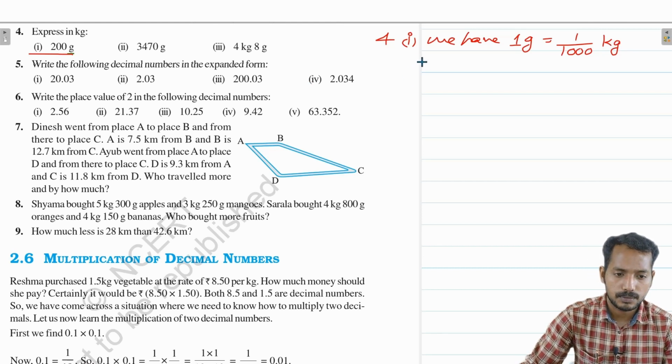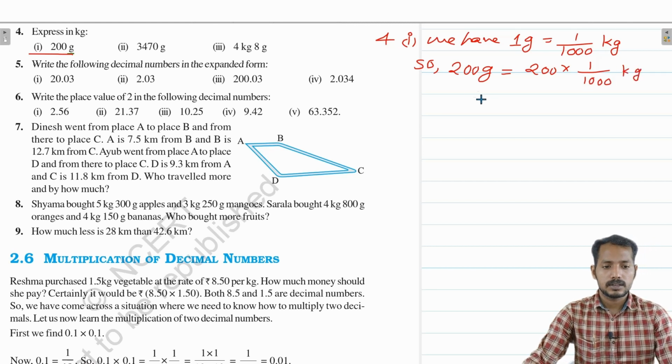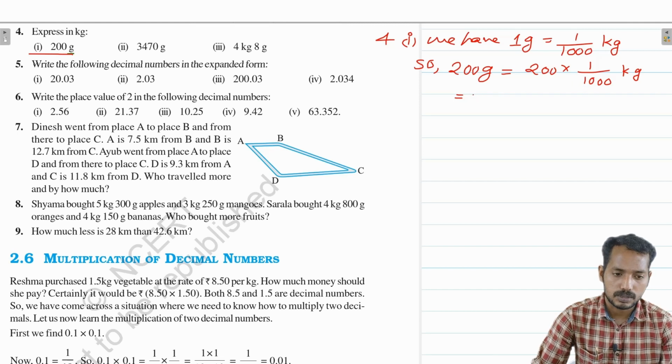So we can write 200 gram is equal to 200 into 1 by 1000 kilogram. That is equal to 0.200 kilogram.